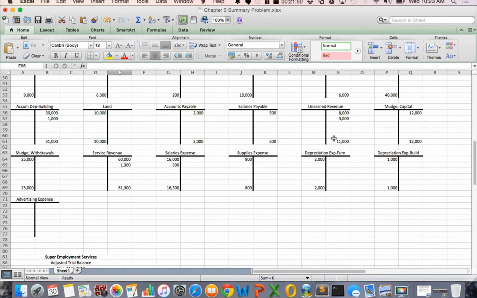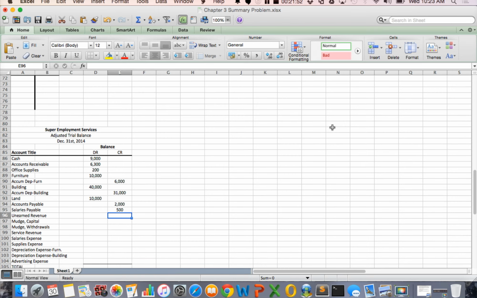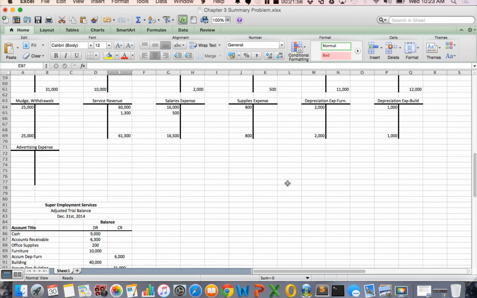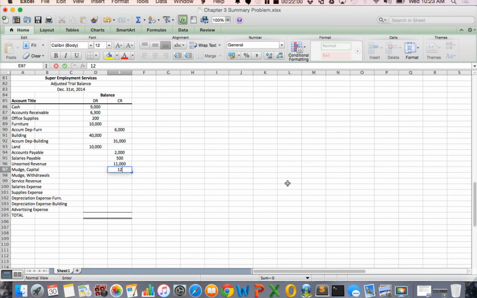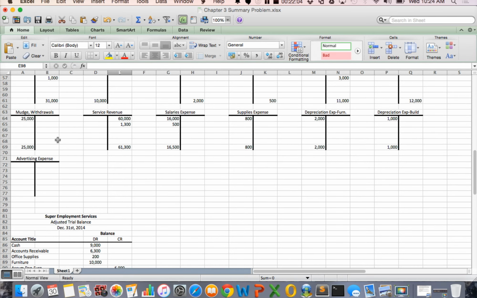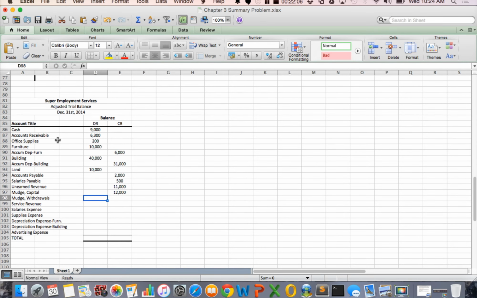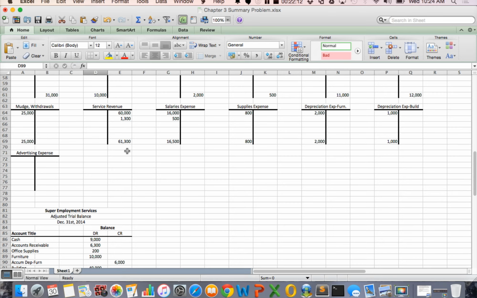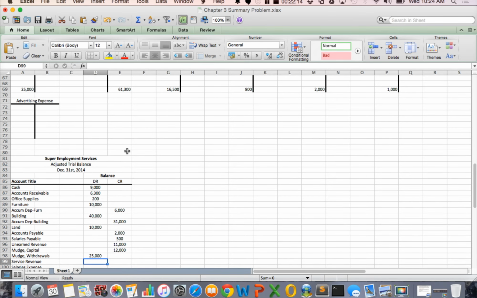Unearned revenue, $11,000 credit. Mudge capital, $12,000 credit. Mudge withdrawals, $25,000 debit. Service revenue, $61,300 credit.